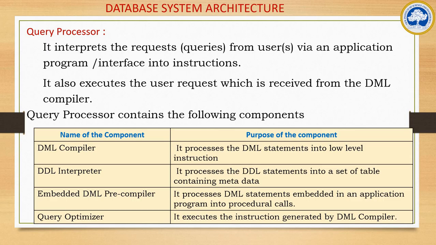The DDL interpreter processes all the DDL statements, the data definition language related to the table structures. The DML precompiler processes the DML statements embedded in the application program and converts them into procedure calls. The query optimizer executes the instructions generated by the DML compiler.